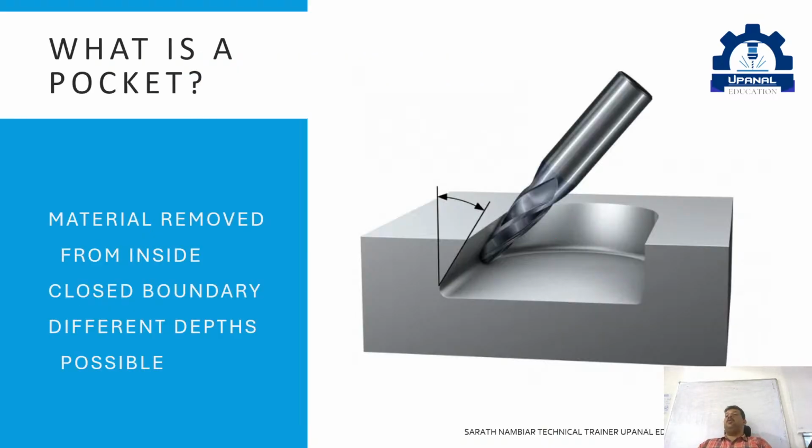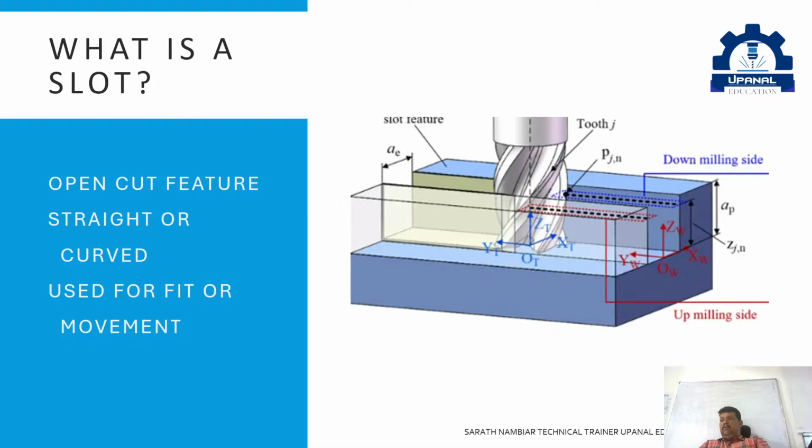Now let's talk about pockets. What are pockets? Sorry, slot is another common feature. It means an open cut. Unlike a pocket which is closed, a slot usually connects from one side to another. It can be straight or sometimes curved.